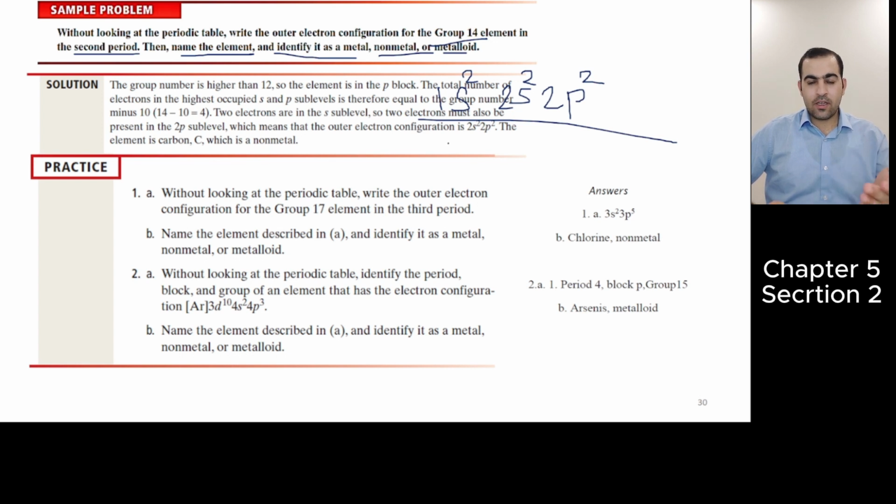If I tell you this is electron configuration, or write the electron configuration for carbon, I gave you the periodic table, and you must know that carbon is a non-metal. So that in the exam you say that the element which is carbon is a non-metal. So this is which group? This is group 14. Okay.